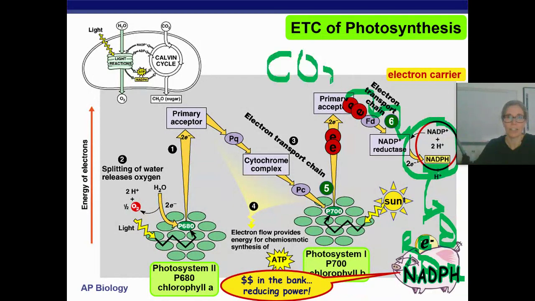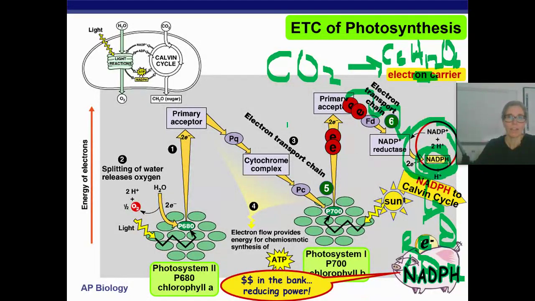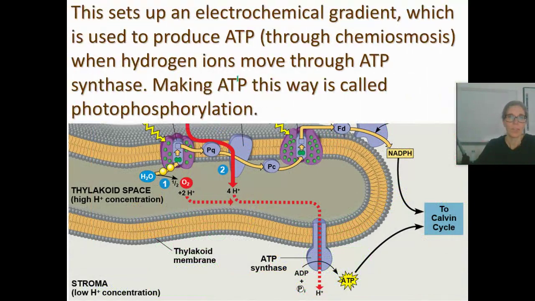Because carbon dioxide doesn't have hydrogens, but glucose does, right? C6H12O6. So the hydrogens come from the proton and the electron that NADPH gives them. All right. So this whole electron transport thing sets up a proton gradient.